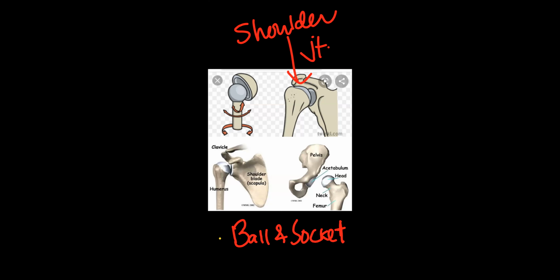And can you tell me what can act as the socket in this joint? Clavicle is wrong. The glenoid cavity is correct. You see the humerus head like a ball and the glenoid cavity like a socket.